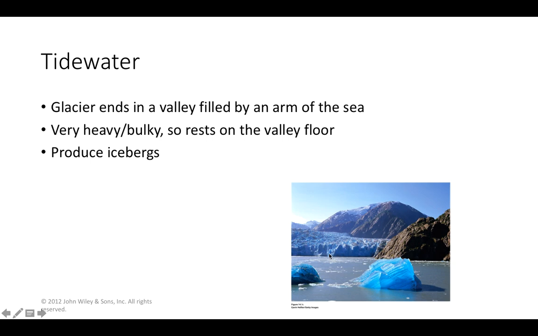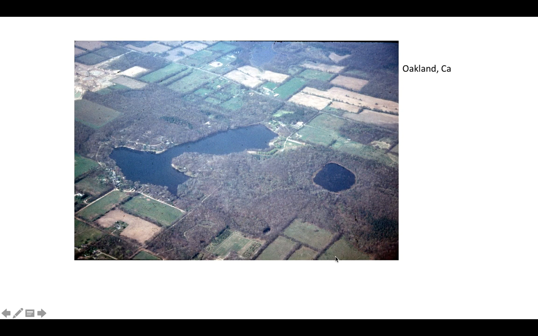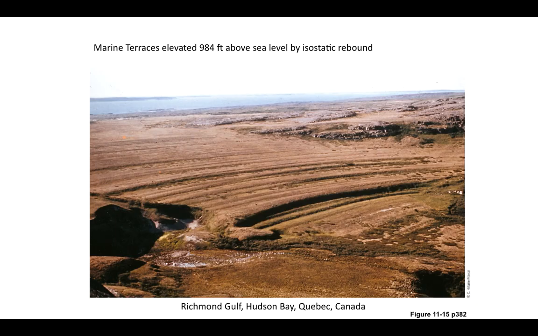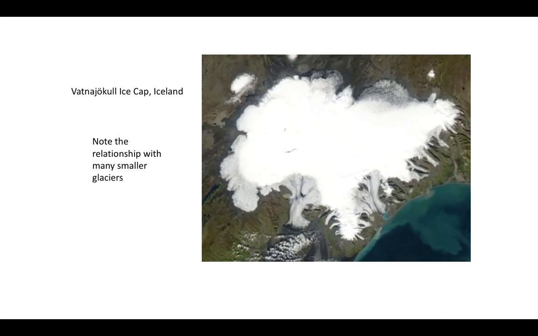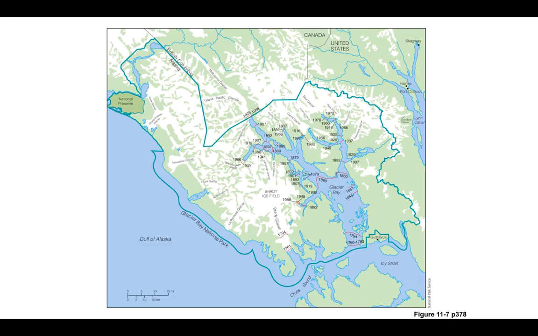It would be good if I had a map here. Let's go back to Alaska. There we go. So we're going to see tidewater glaciers in here. And what I mean by it can be a freshwater lake or it can be the sea is you could have a tidewater glacier that is mostly freshwater.